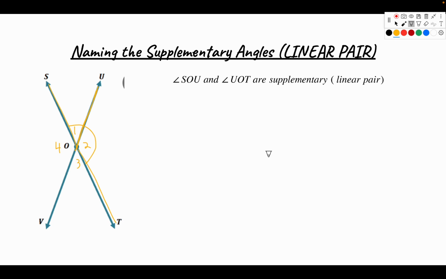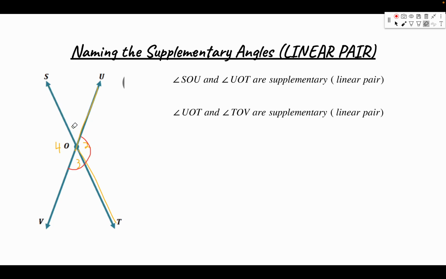And as we continue, angle 2 and 3 are supplementary. So I'll use a different color. Angle 2 and angle 3 are represented as angle UOT and angle TOV.